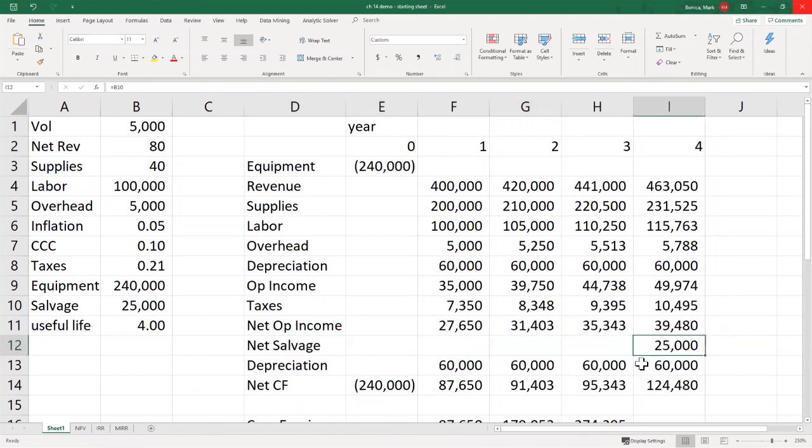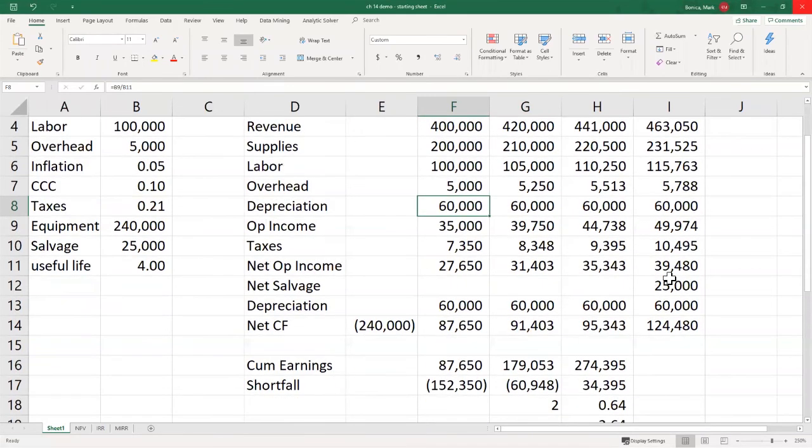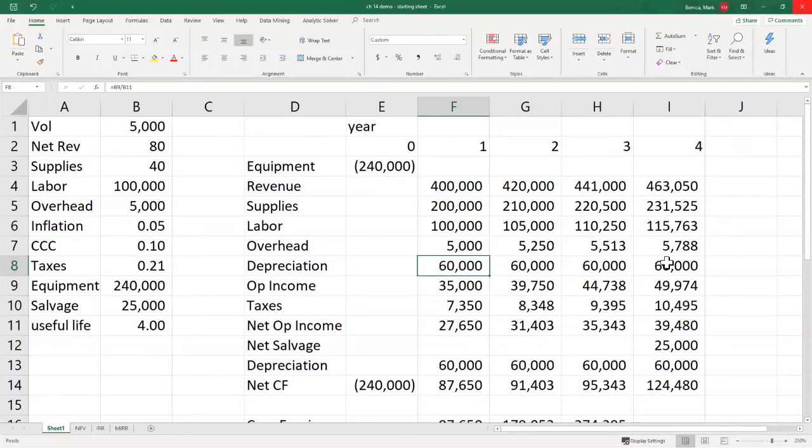But since we didn't, and our asset cost us $240,000, and we have depreciated the asset each year at $60,000 a year, our book value of our asset now is zero.